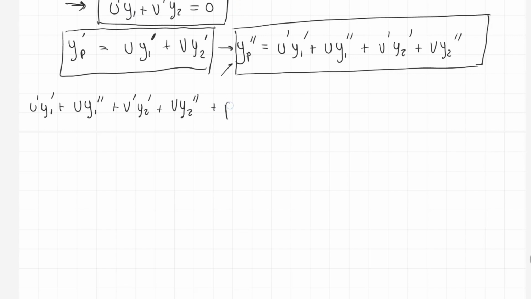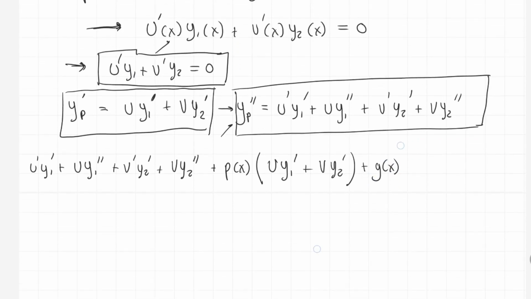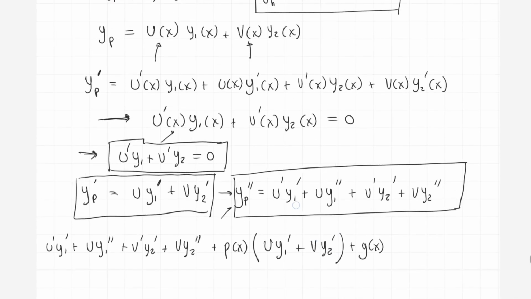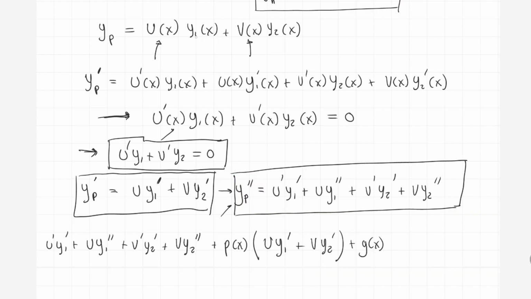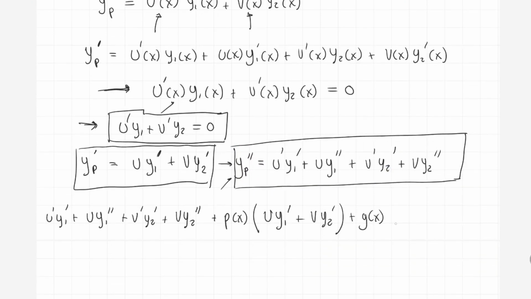And then plus p of x times yp prime, which is u y1 prime plus v y2 prime, and then plus g of x times y, but y is just u y1 plus v y2, and this is equal to f of x.